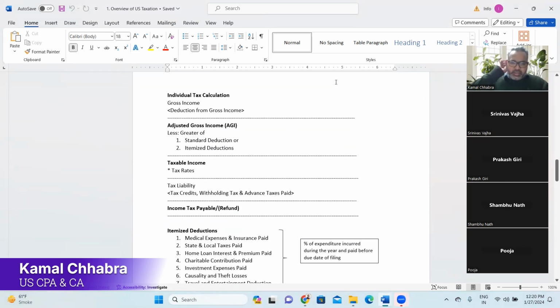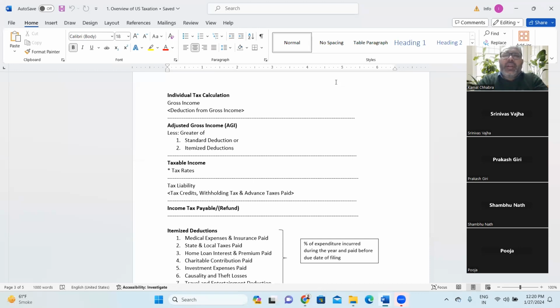So I would request you guys to make a note on the first page of your book, because in the entire tax law that we are studying, this is something I'll be helping you connect back to each time. This is the computation of income for US tax purposes for individual taxation. First of all, we'll be understanding in detail the gross income: what all things come under the income of an individual.